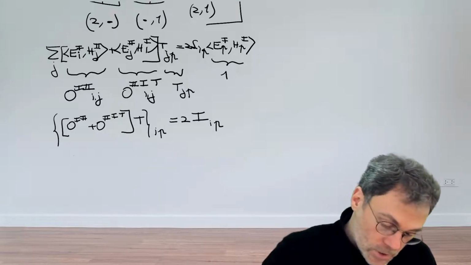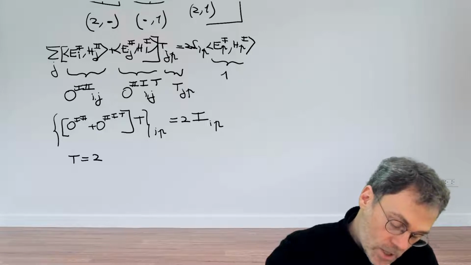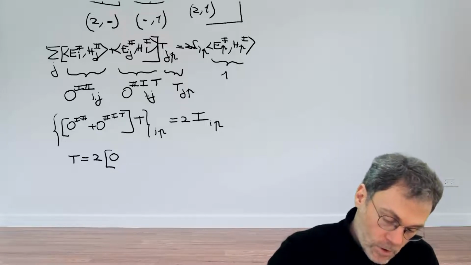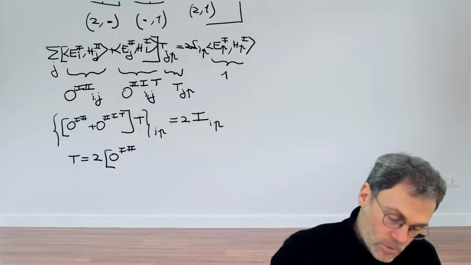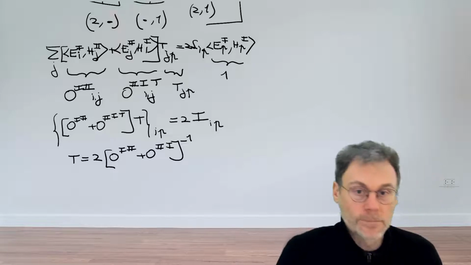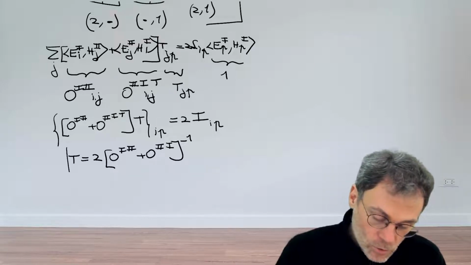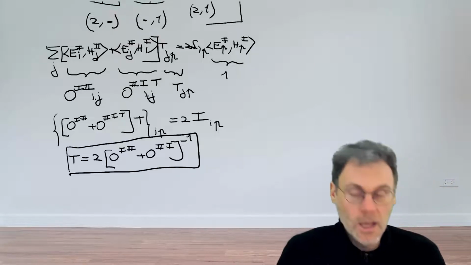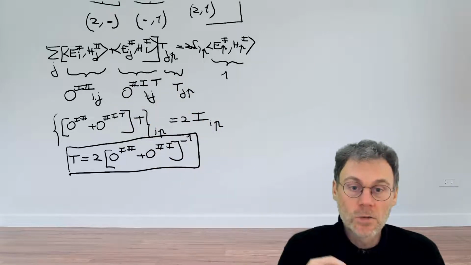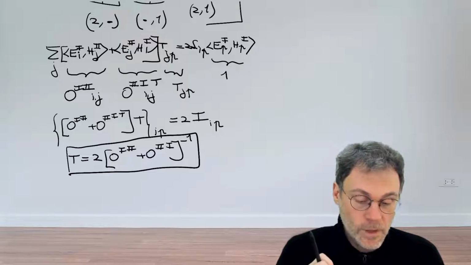We can say that the transmission matrix is 2 times the inverse of that other matrix, the overlap 1, 2 plus overlap 2, 1 transpose, to the power minus 1. And this thing is a lot more compact and a lot less scary looking than this general complicated explicit summation over here. So that's good news.